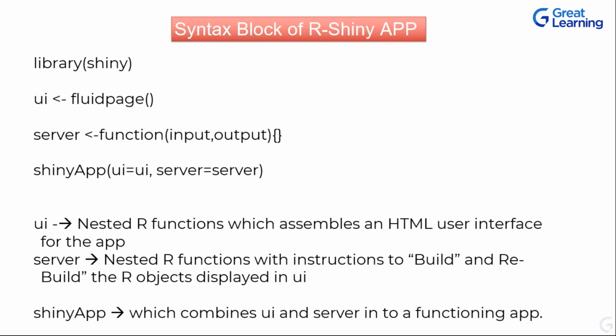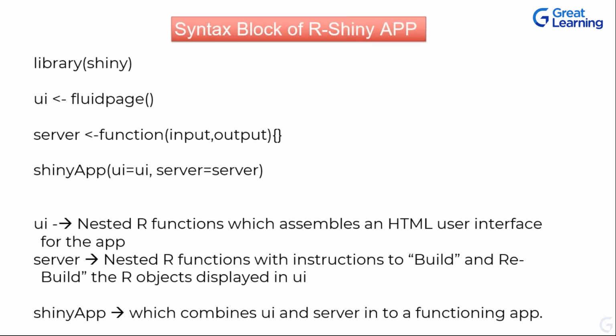Now, UI is a user interface, right? User interface in layman terms is something which will just get displayed. Now, if I want certain processing to happen, if I want the display to change based on certain actions, if I want something different to be displayed, and we call these reactive calls, then I write that portion of the code in a server.